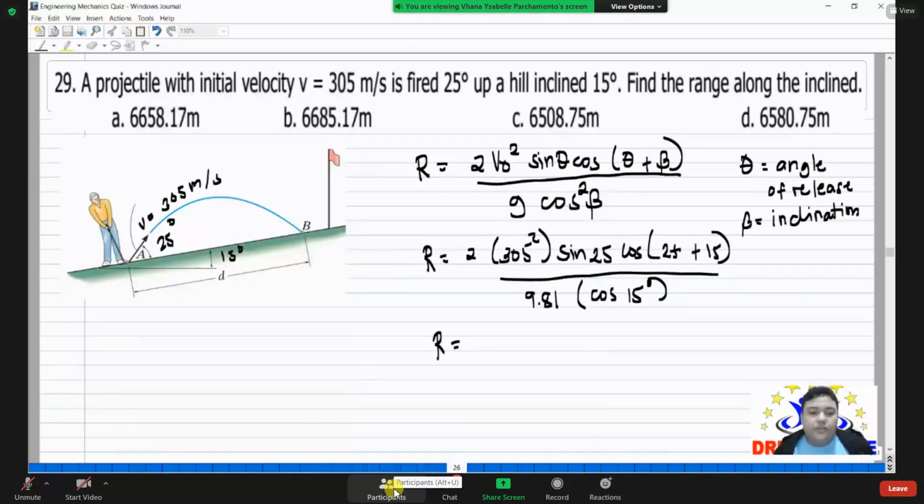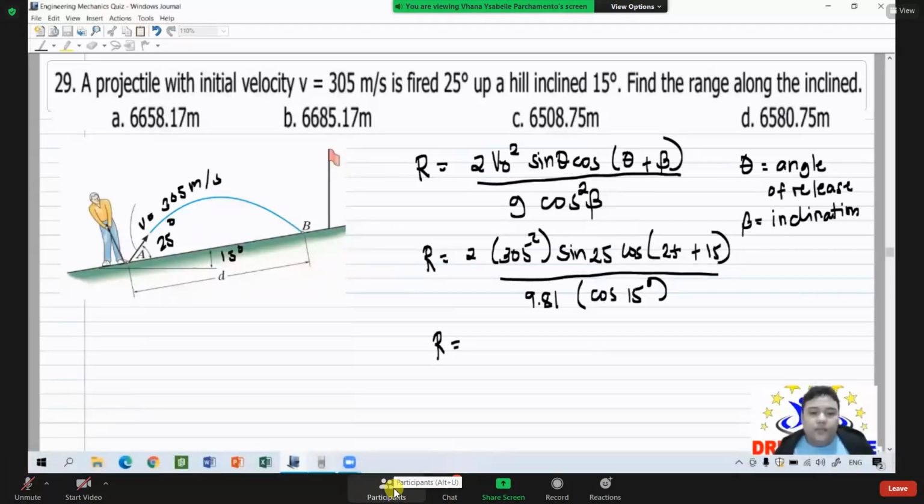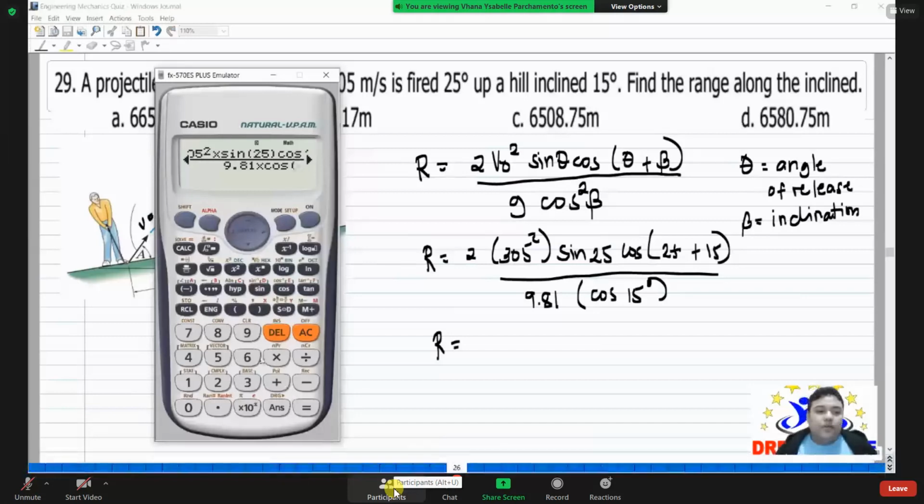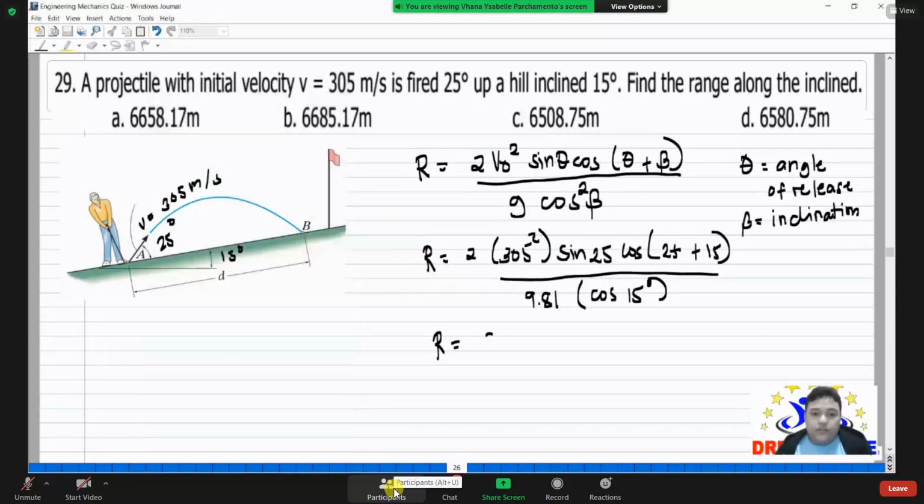Sorry. Paki-take note po dyan, kulang yung formula na lagay. So, cosine of 15, the quantity squared. So this is equal to 6,580.749, or 6,580.75 meters. This is letter D.